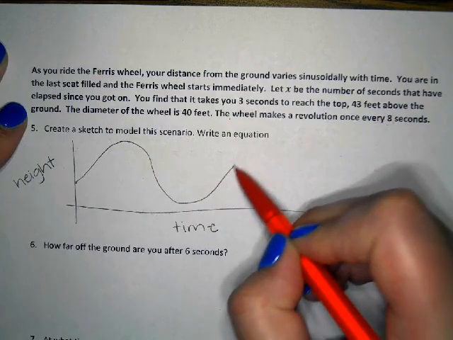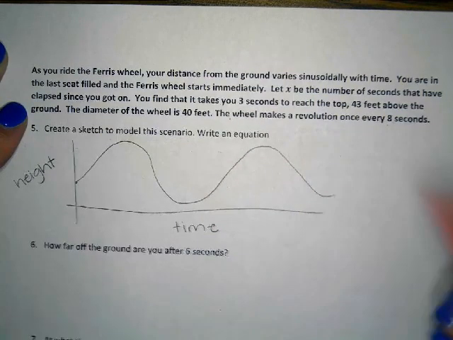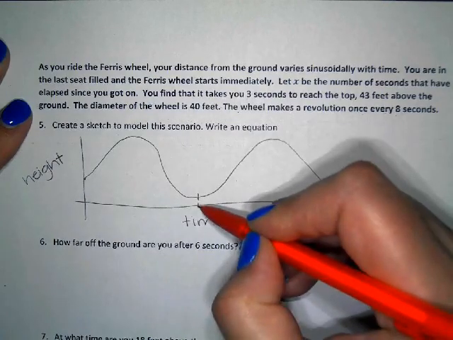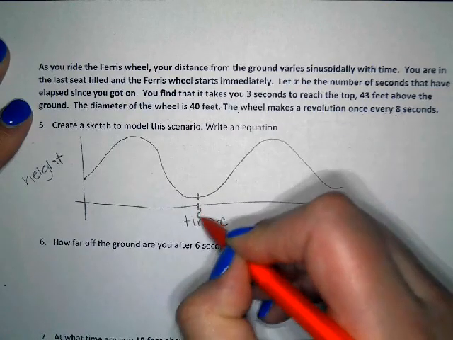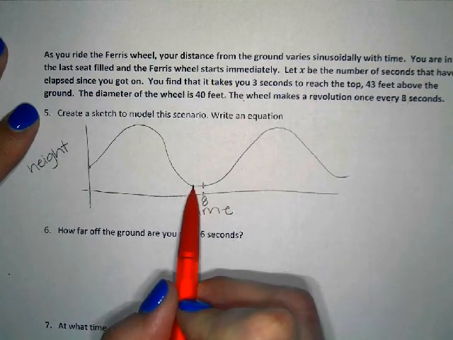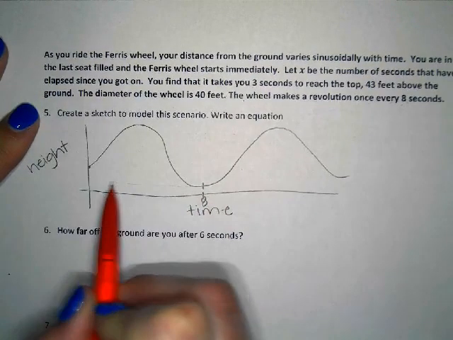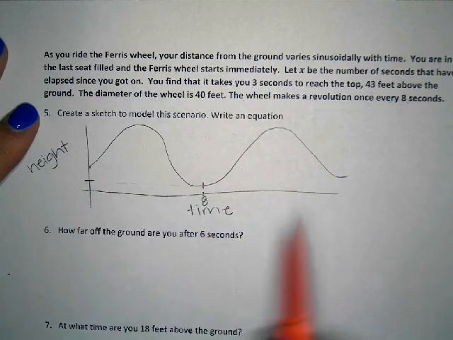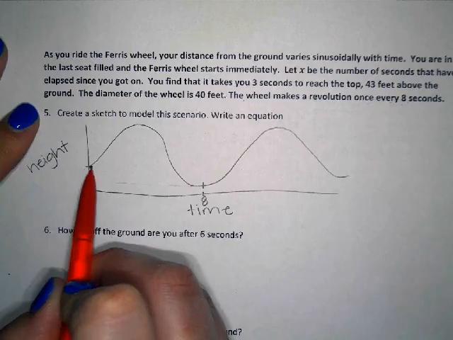Okay, so I know that the full revolution right here is 8 seconds, but let me kind of draw this. There we go. Okay, so this is the bottom of the Ferris wheel. This is where I got on. Does that make sense? I didn't get on at the bottom.